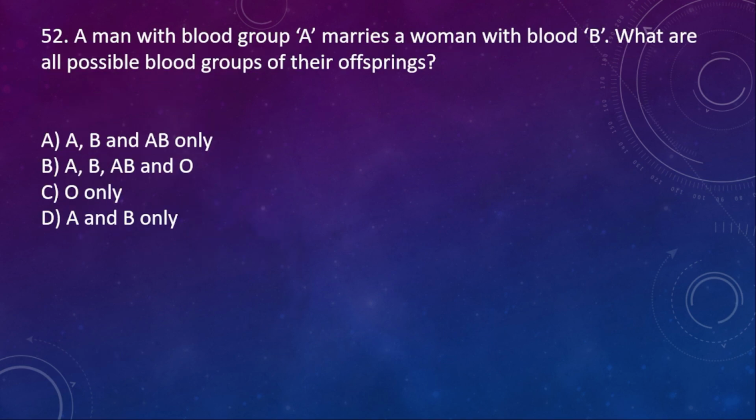Next, 52. A man with blood group A marries a woman with blood group B. What are all the possible blood groups of their offspring? Option A, B and AB only?